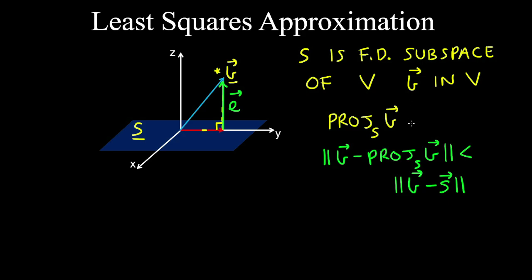So we can extend this concept to functions. So given a continuous function on the closed interval a b, and this function is in the vector space of continuous functions on that interval.